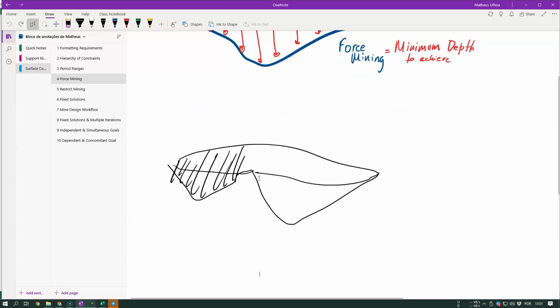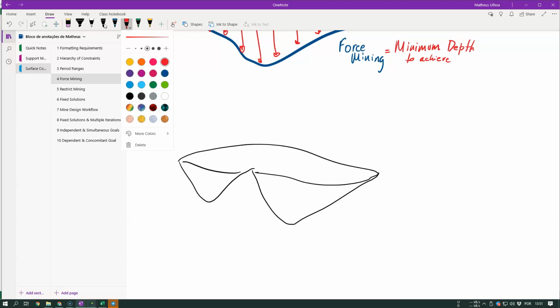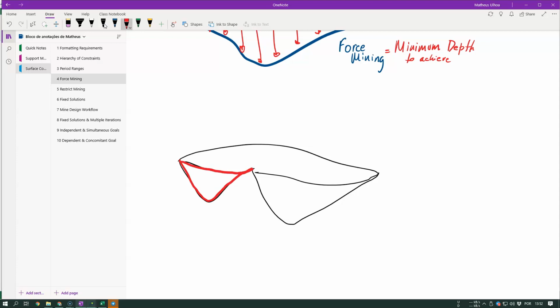So in this regard, what could be done would be the following. I could take my pit over here and establish a surface constraint or a force mining in which I would force this region over here. I could force something like this. So I could force this pit to be mined within, for example, period 1 to 5.